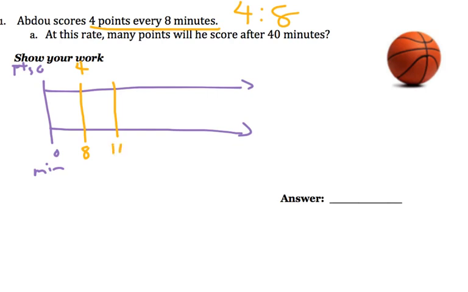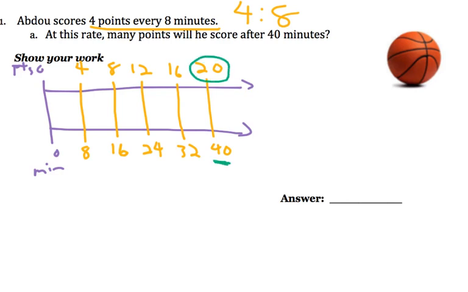So another 8 minutes would give us 16 in total, which would also be another 4 points, which would be 8. Another 8 minutes, another 4 points, and so on. We would scale this up until we get to what we want, which is 40 minutes, and that tells us that Abdu has scored 20 points.